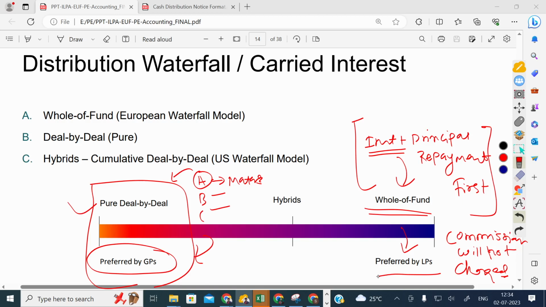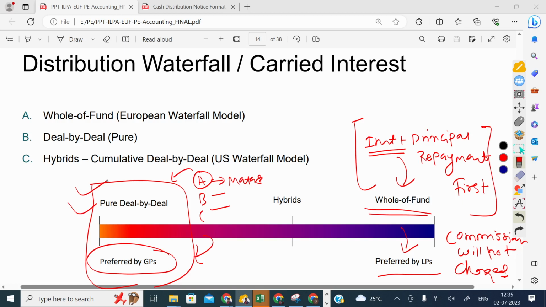And the deal by deal model ensures the catch up after each and every deal. For example, let's say the fund invested in different companies like A, B, C. So after the proceeds are received from each company, the fund managers or general partners will charge their commission or their portion of catch up, right?